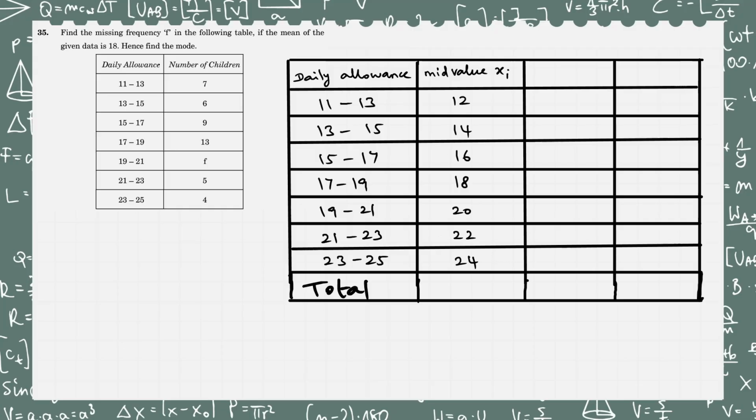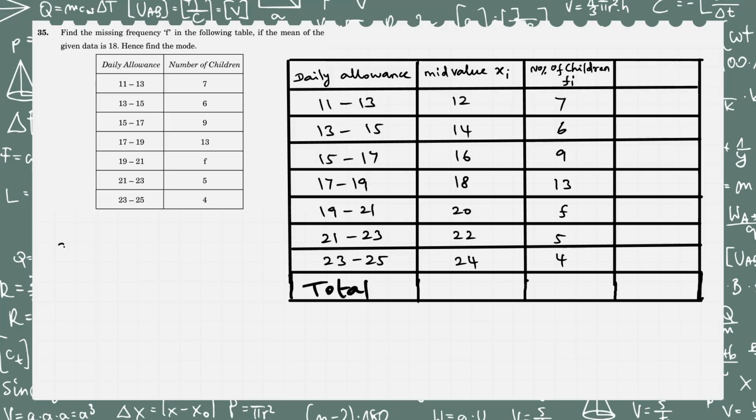And let us write the number of children in the third column, which is the frequencies, Fi. Let's write them: 7, 6, 9, 13, f, 5 and 4.